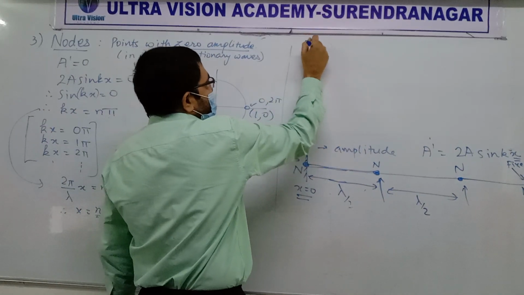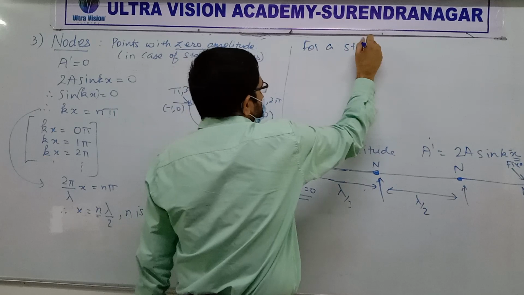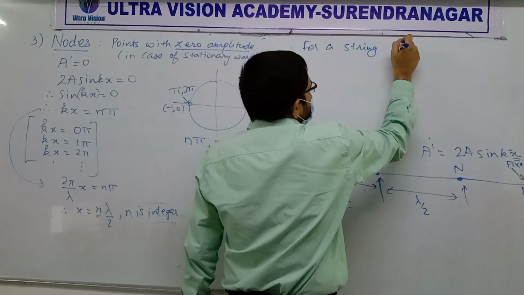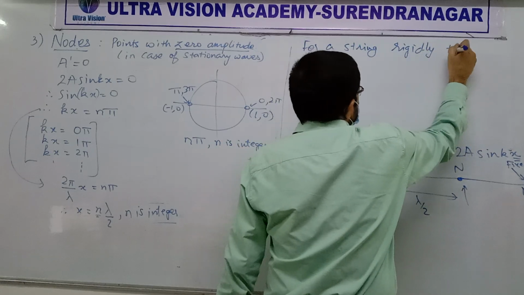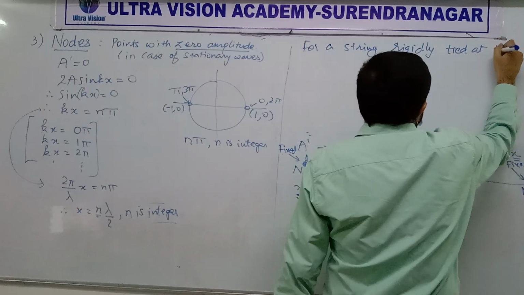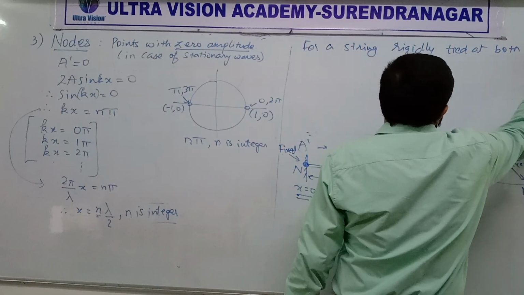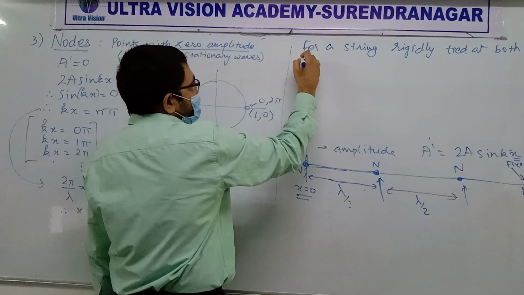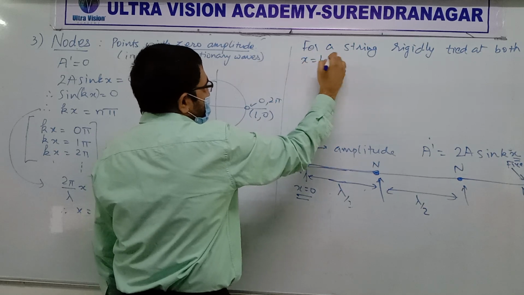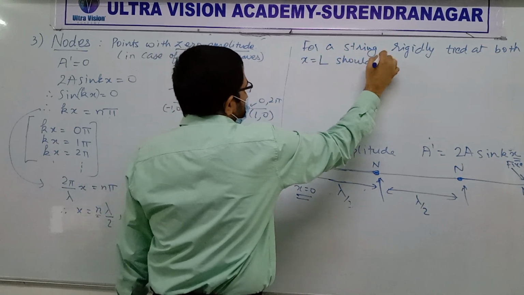So we can say for a string rigidly tied at both ends, x equal to L should be a node.